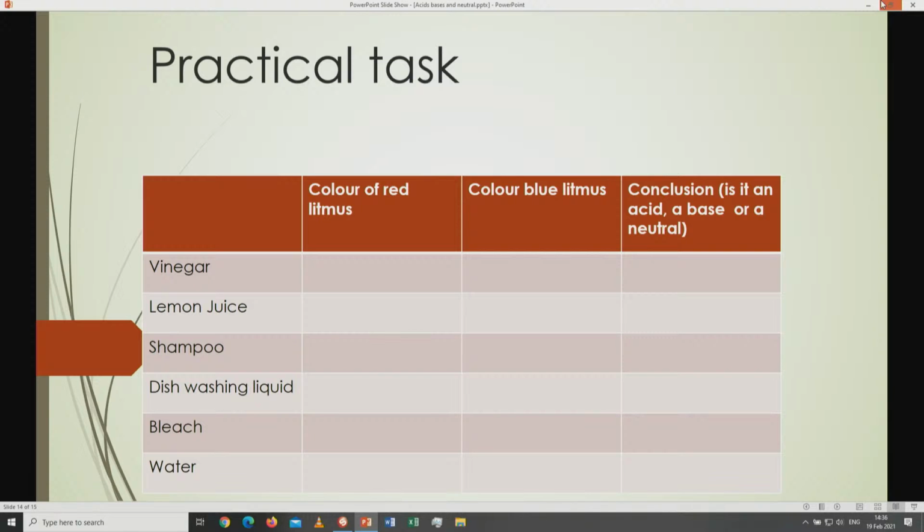Then at the top we can say the color of red litmus paper, the color of blue litmus paper that you're going to use. Conclusion: whether a substance is an acid, a base, or neutral.